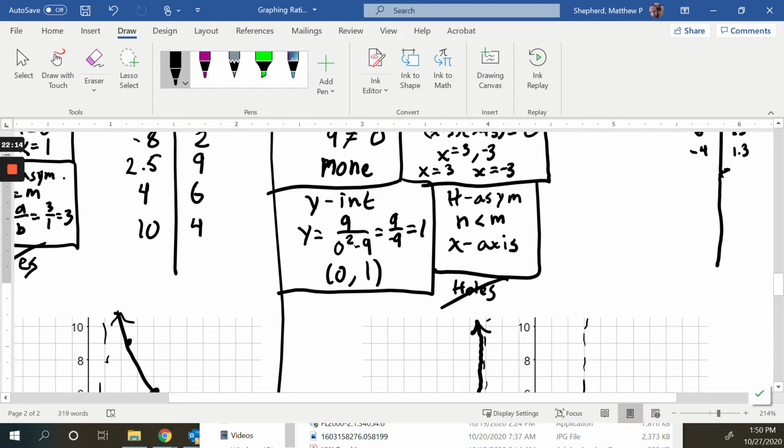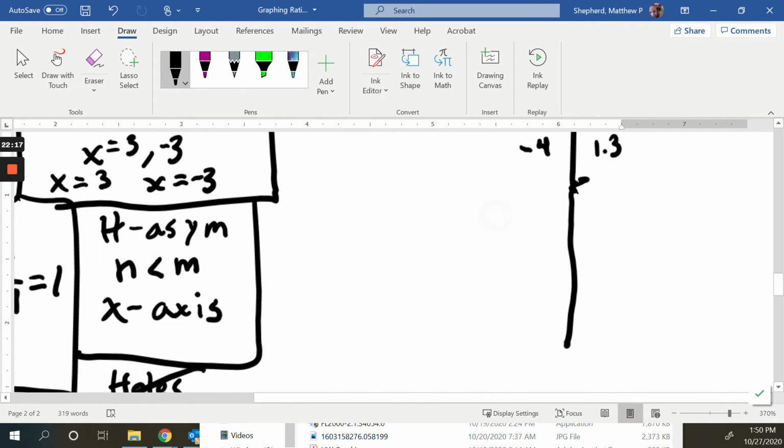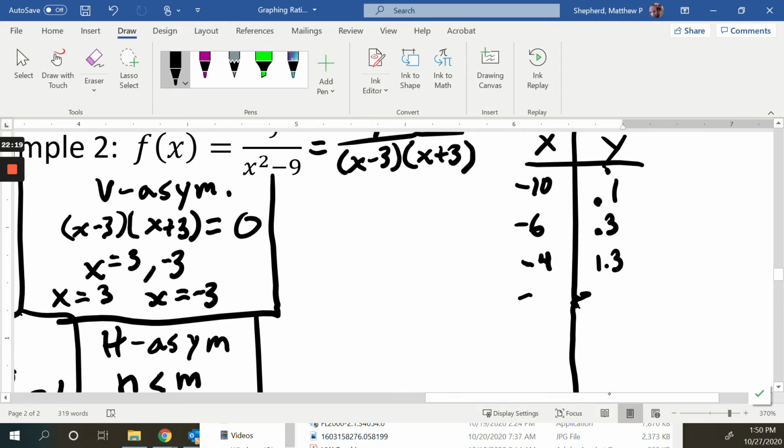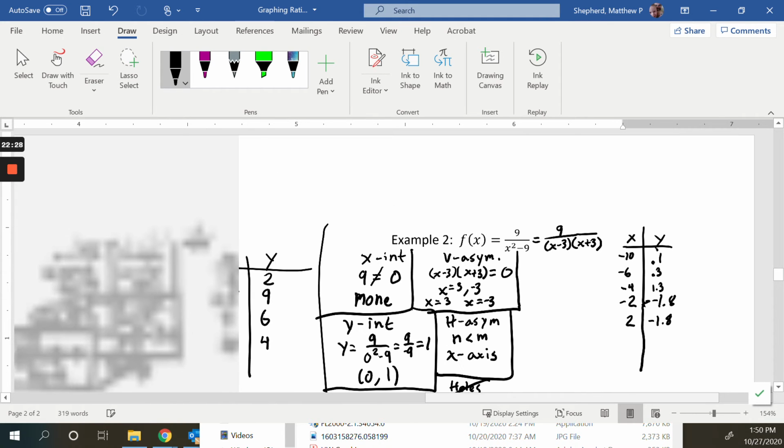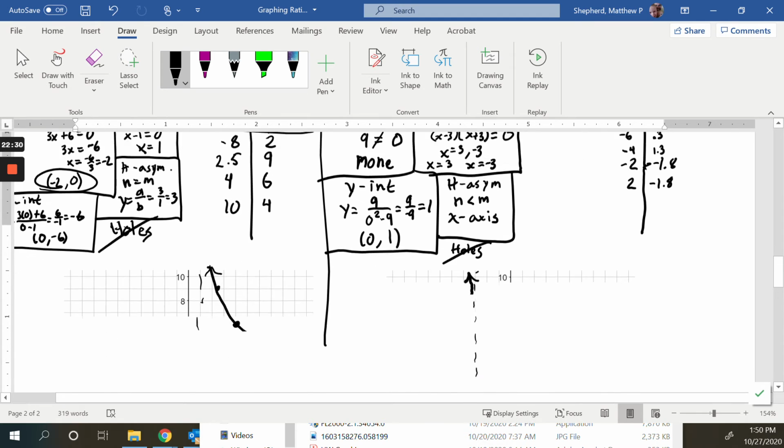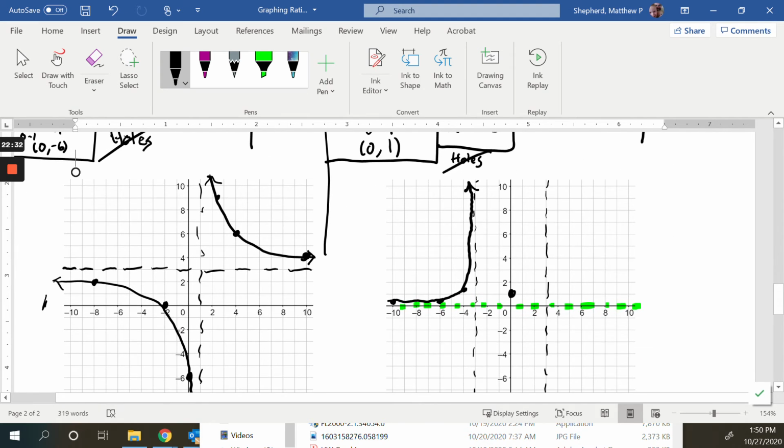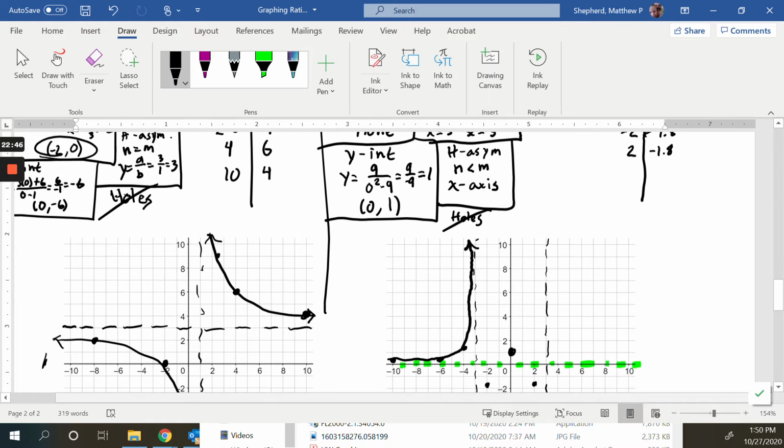So up here, let's do -2 and 2, and both times I got a -1.8. Okay, so at -2, we're at -1.8, and at +2, we're at -1.8.